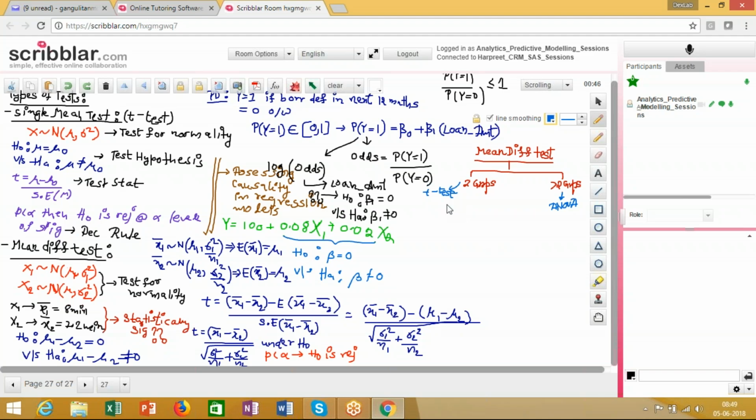Right. So over here, what we get to see is that there is this test. Now, within these two groups, there are two possibilities.